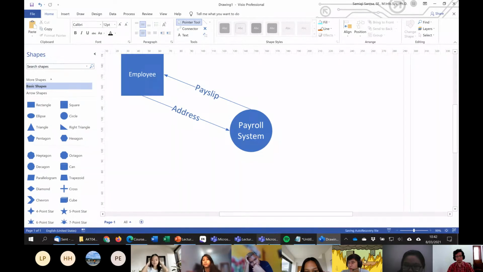If that employee has family, sometimes they have to submit their family data into the payroll system because there are some benefits for family and some tax considerations.